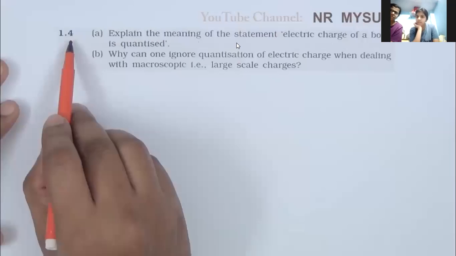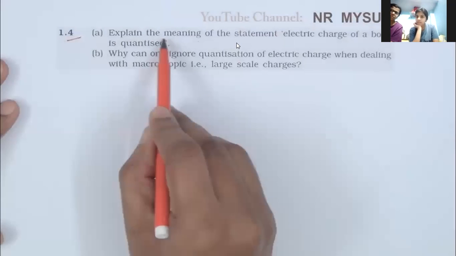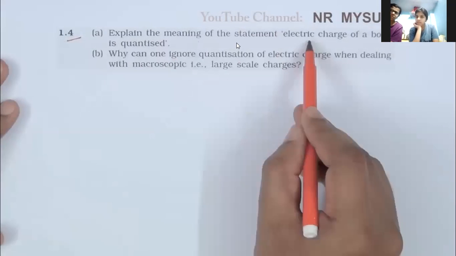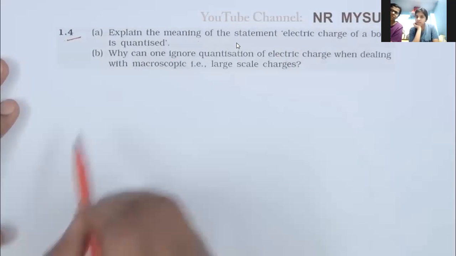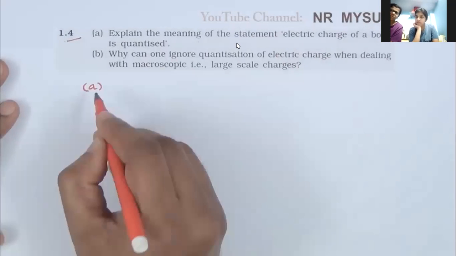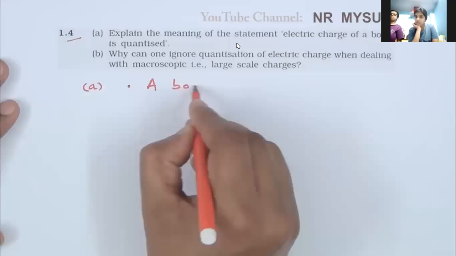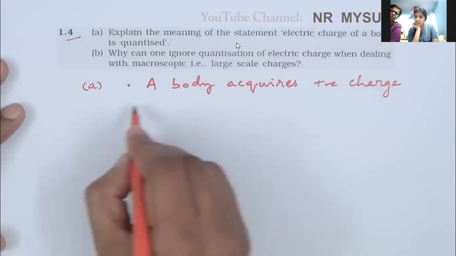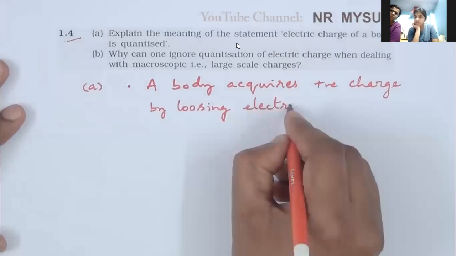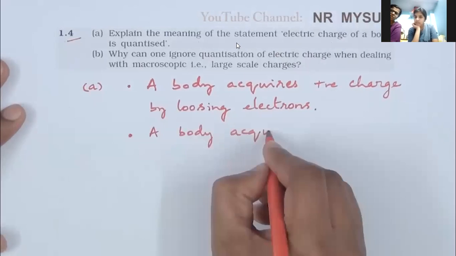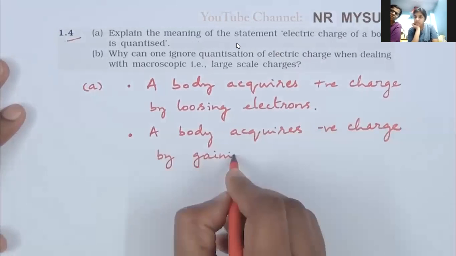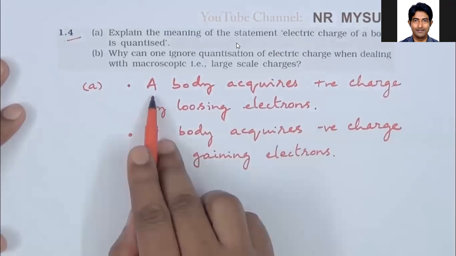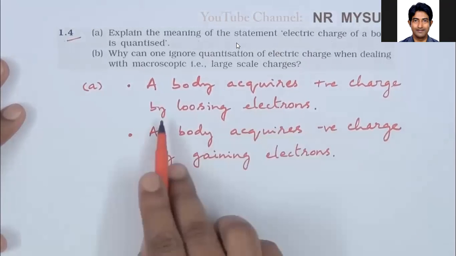Fourth problem. Explain the meaning of the statement, electric charge of a body is quantized. A body acquires positive charge by losing electrons.